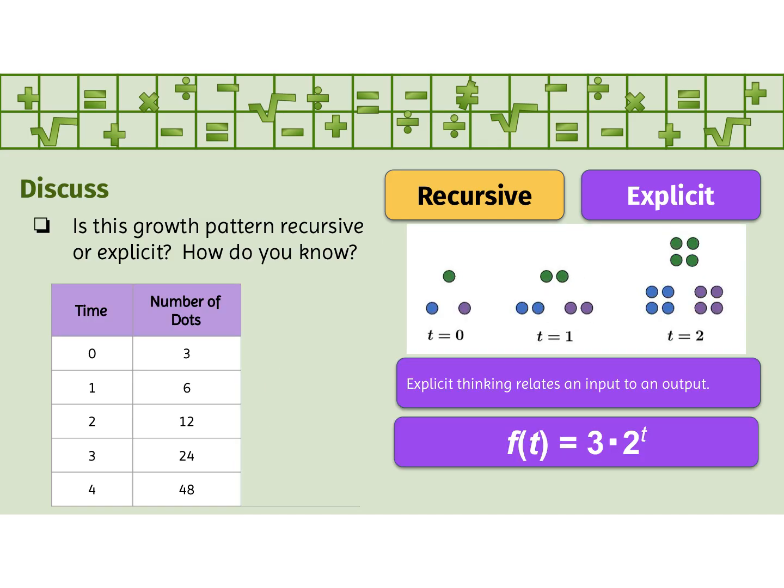So again, here's our picture of time 0, time 1, time 2. And again, I'm taking that 3 and multiplying it by 2 to get that time frame. So before was recursive, this one is explicit.